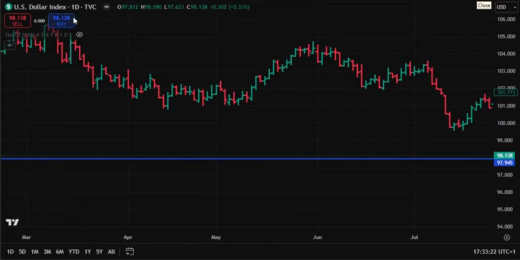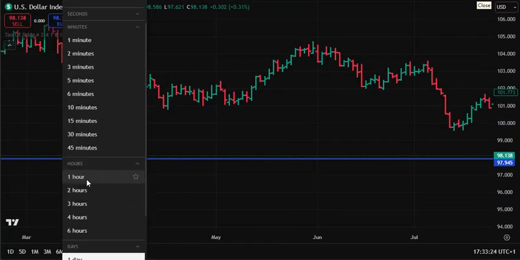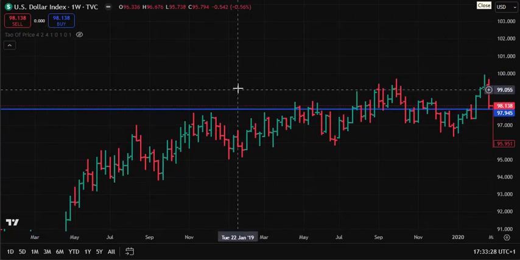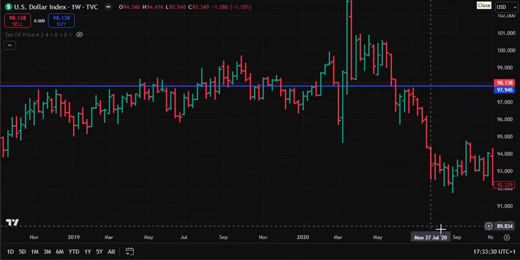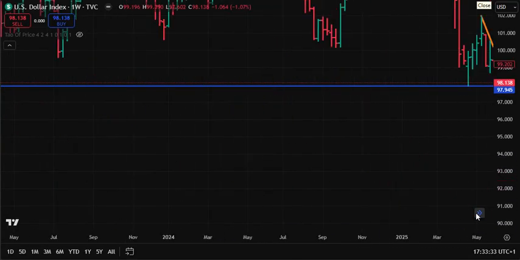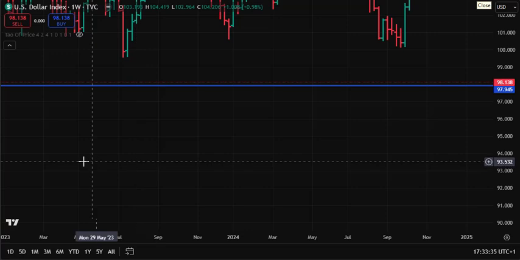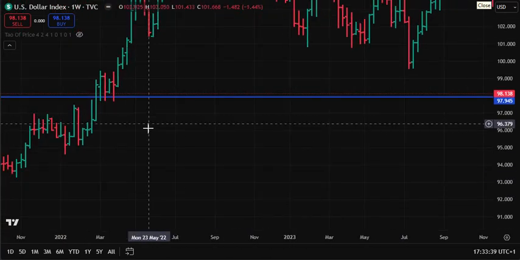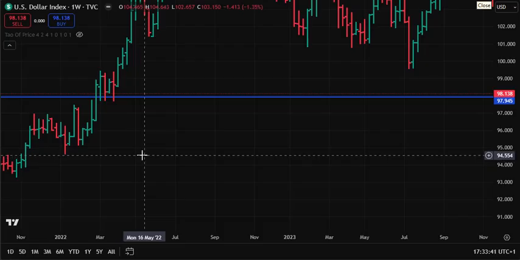Let's go even deeper, to the weekly. Okay, so here we are. Looking at the weeklies here, this is driving down to right here, 94.55. So that should actually put pressure.